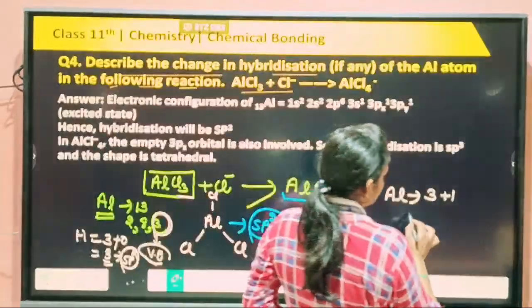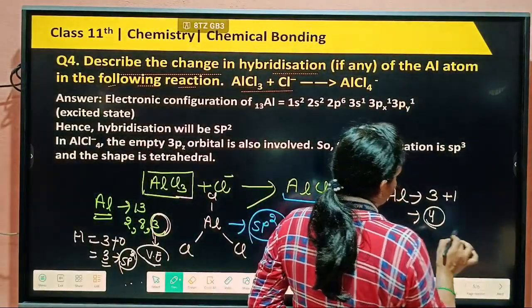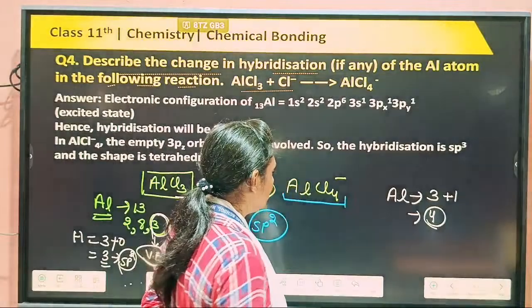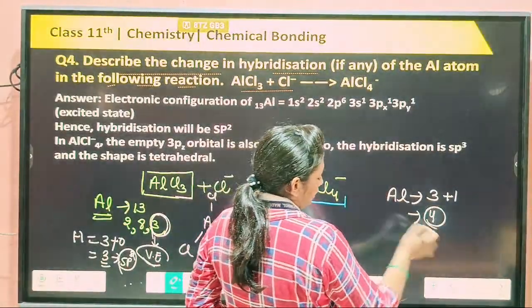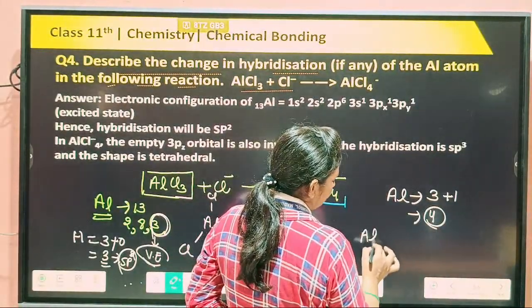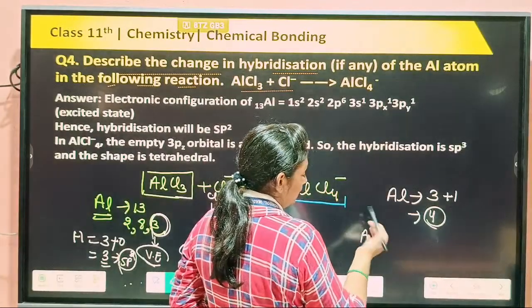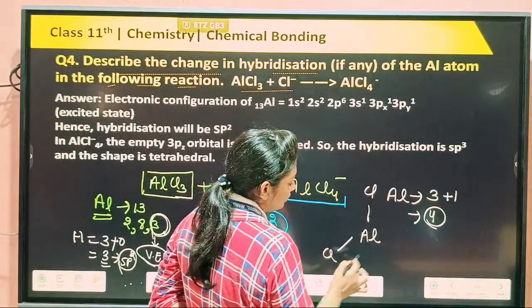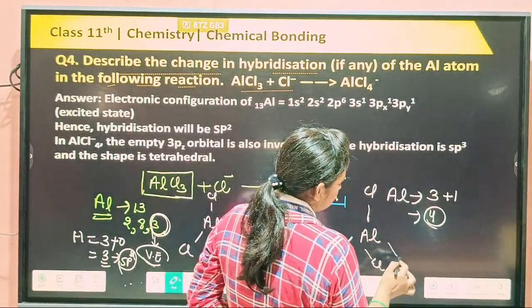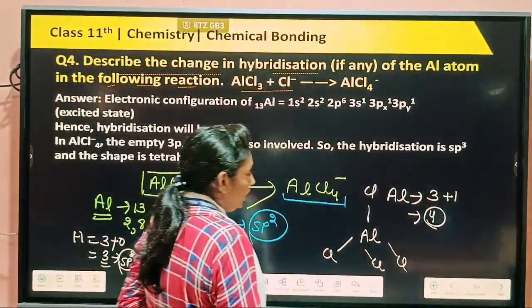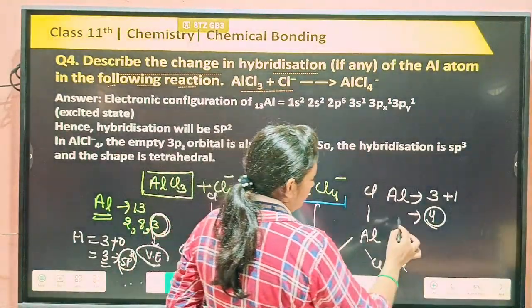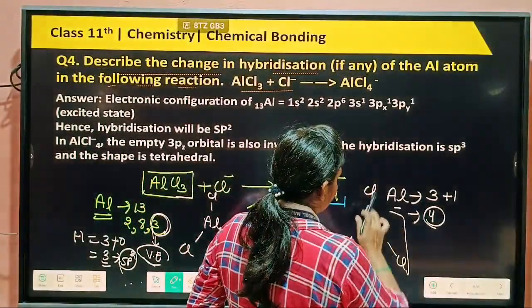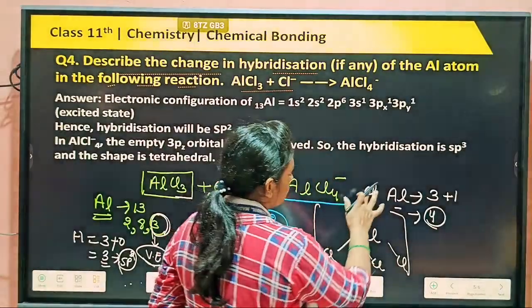So here valence electrons are 4. Now it can form a maximum of 4 bonds, and it is also forming 4 bonds.